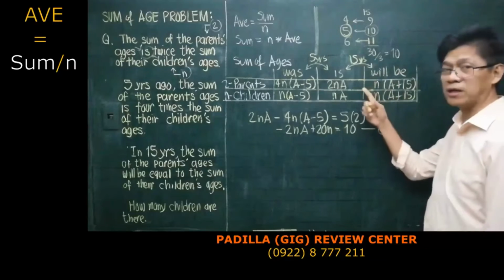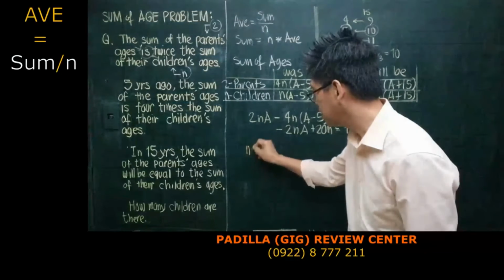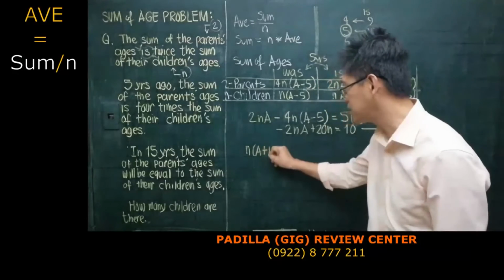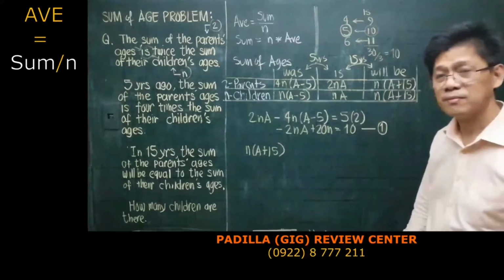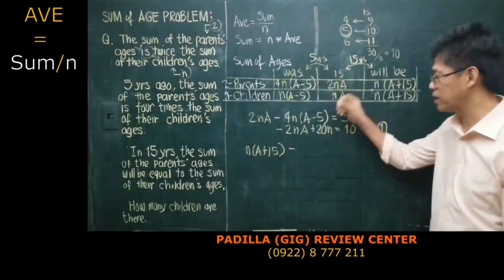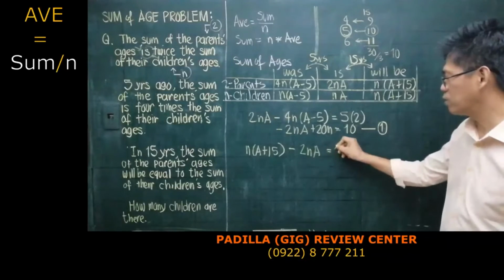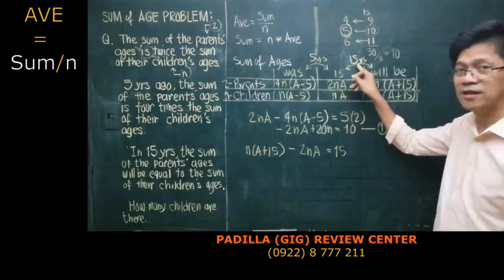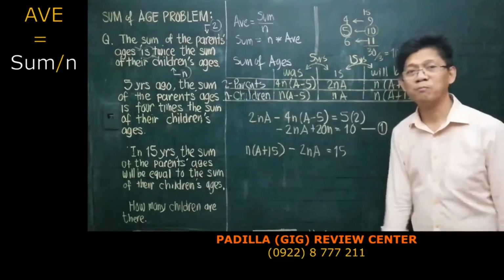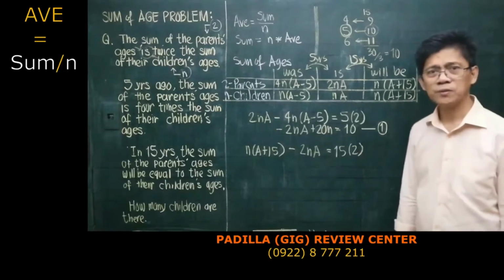So the sum of the parents' ages during this time, that's n times (A plus 15), minus the sum of their ages at present, 2nA, must be equal to 15 years times the number of persons in that group. This is 2.